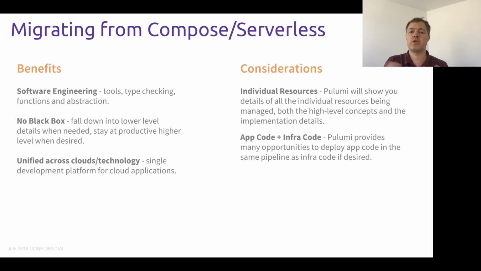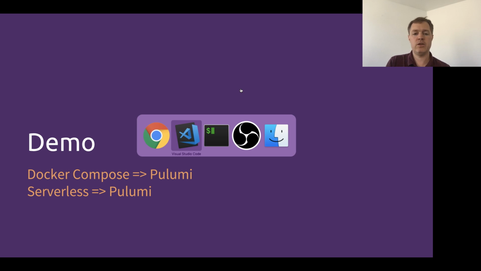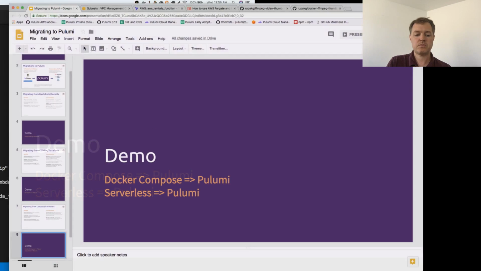In all these cases, as well as deploying their code, they want to deploy updates potentially to their infrastructure, and so those things benefit from being versioned together. So let me show you two quick examples of this style of thing, where we're moving from some other very high-level description into Pulumi. I'll show two examples, one looking at Docker Compose and one looking at serverless.